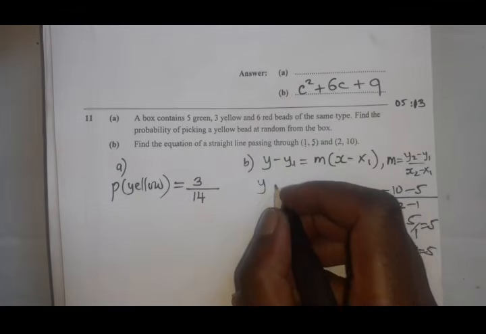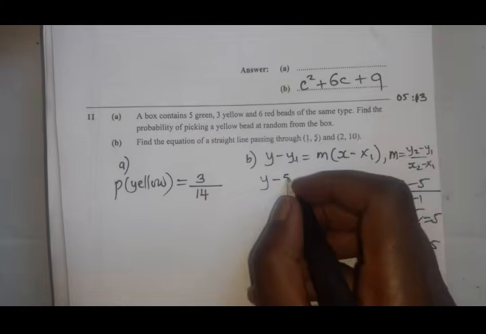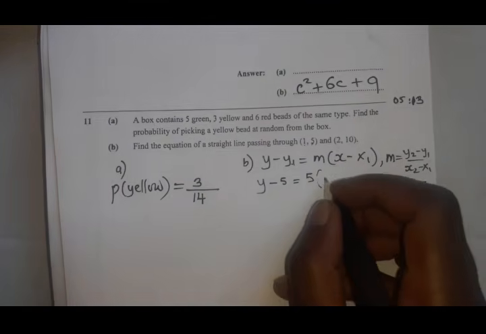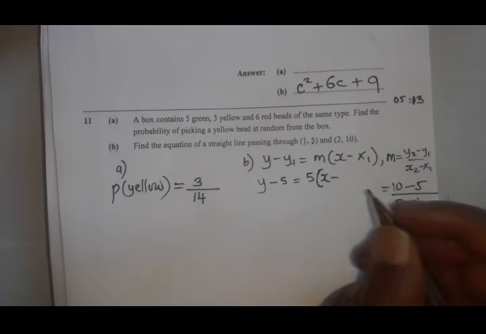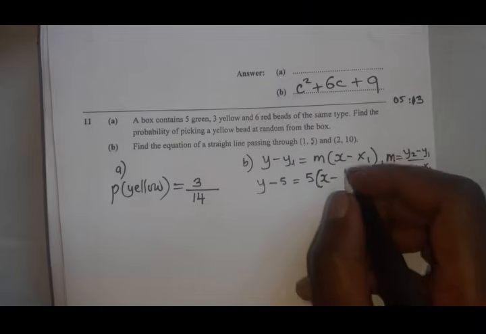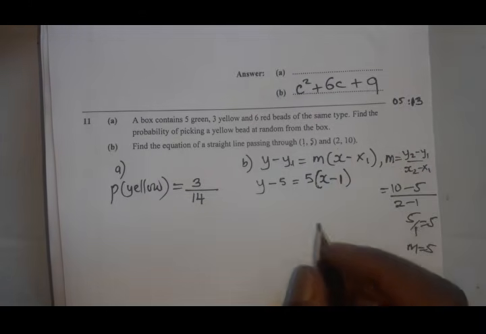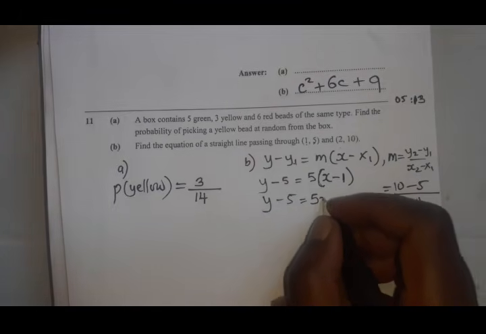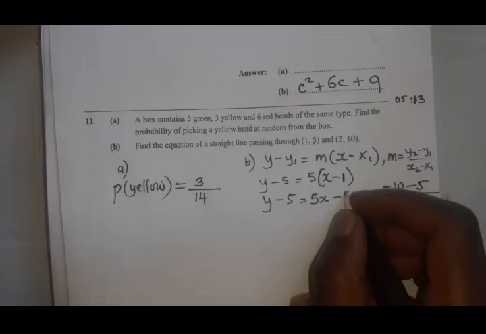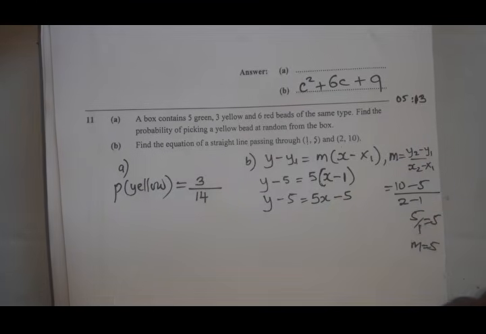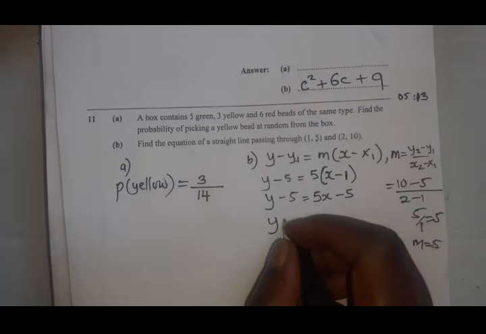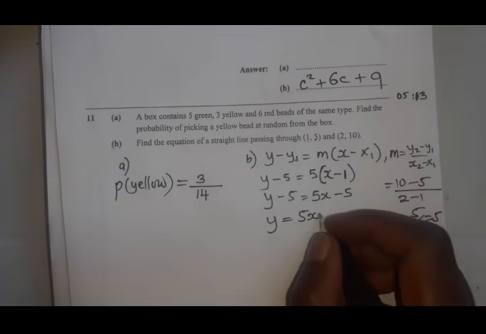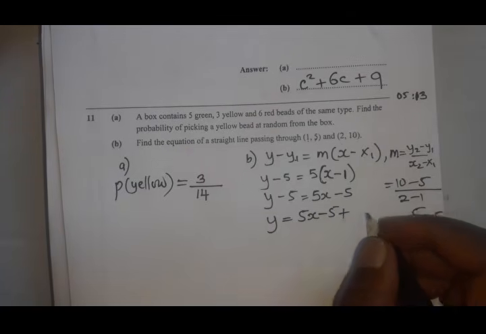So we have y minus y1, which is 5, is equal to m, the gradient, times x minus x1, which is 1. We simplify: y minus 5 is equal to 5x minus 5. Then y is equal to 5x minus 5 plus 5.